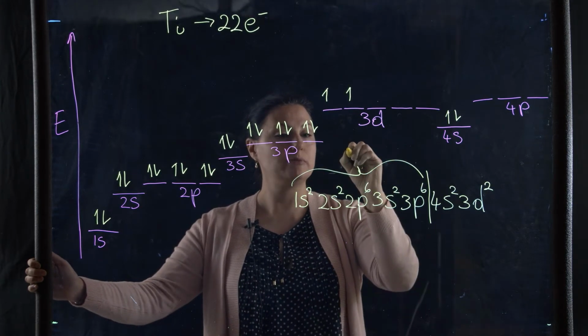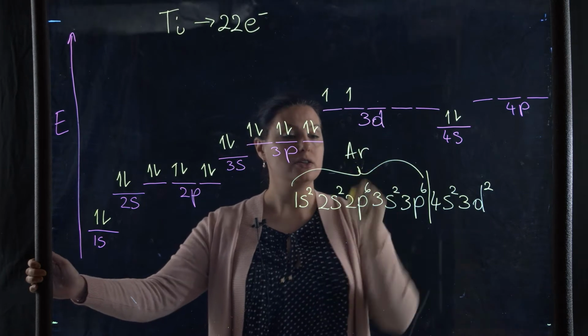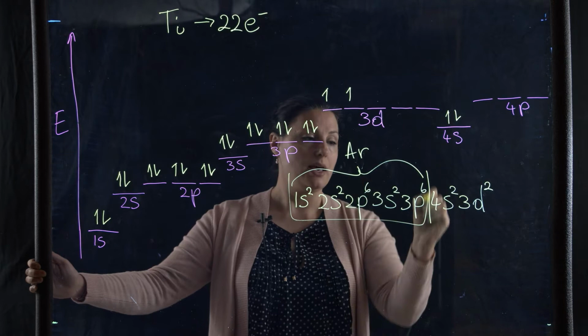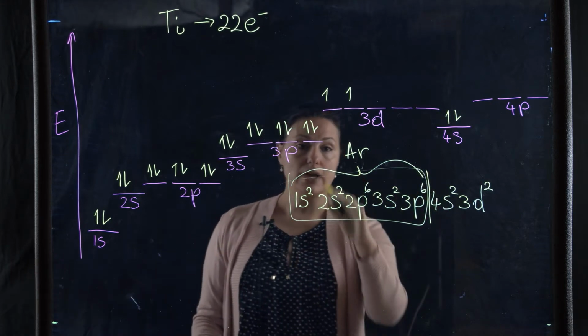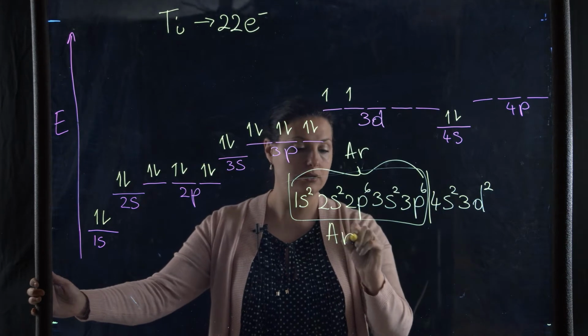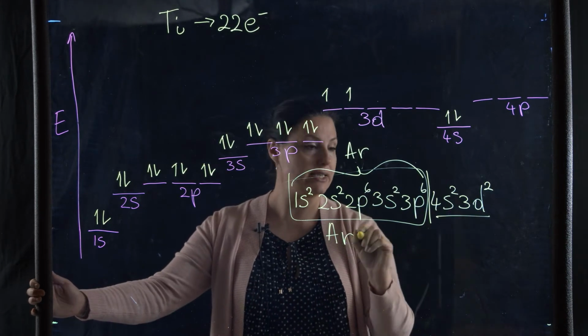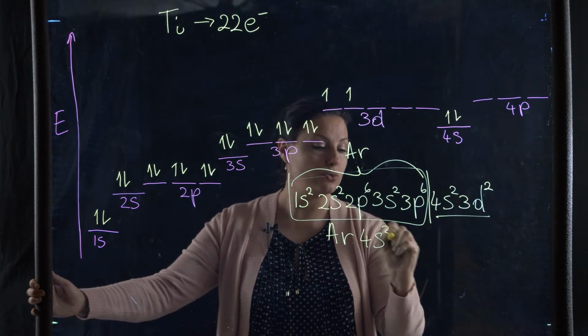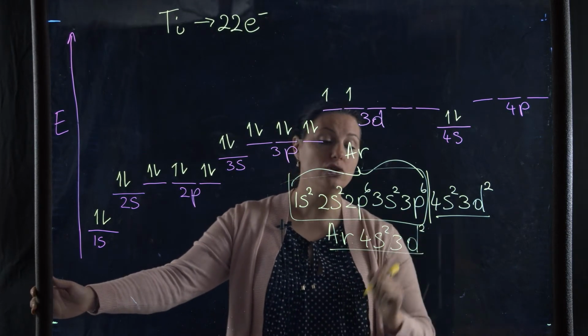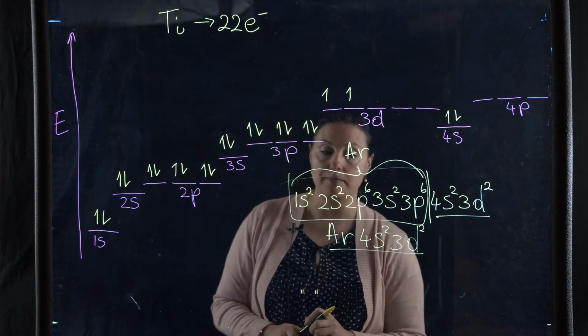This part is argon. So argon has this configuration right here. And I can replace all this by just saying argon, and then the rest belongs to titanium, 4s2, 3d2. So this is my shorthand configuration for titanium.